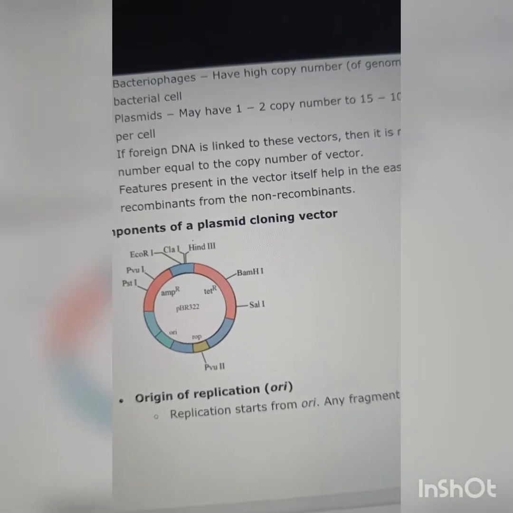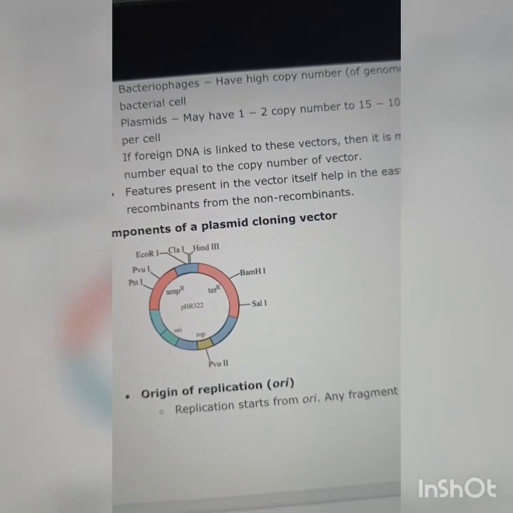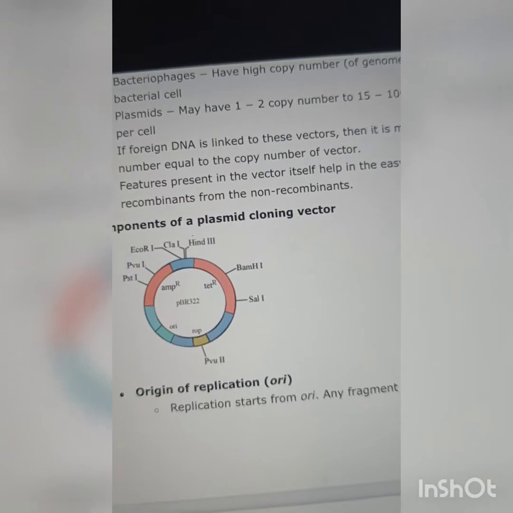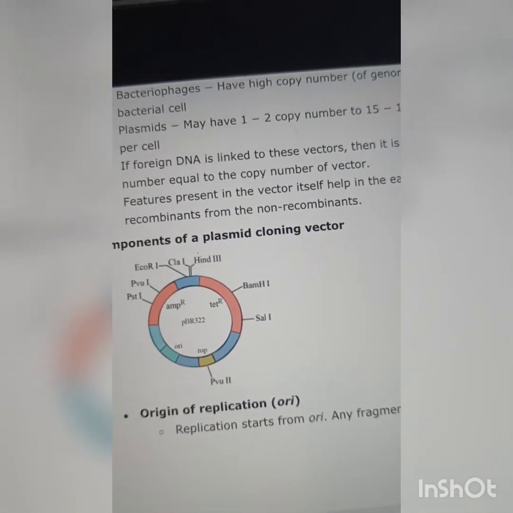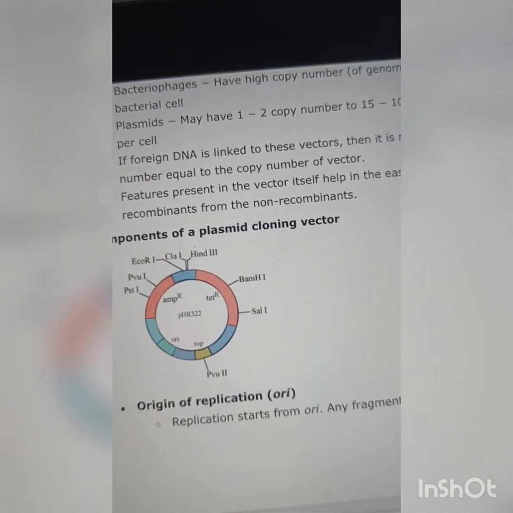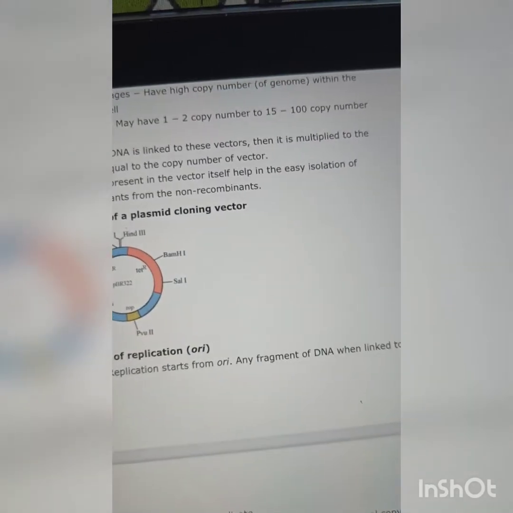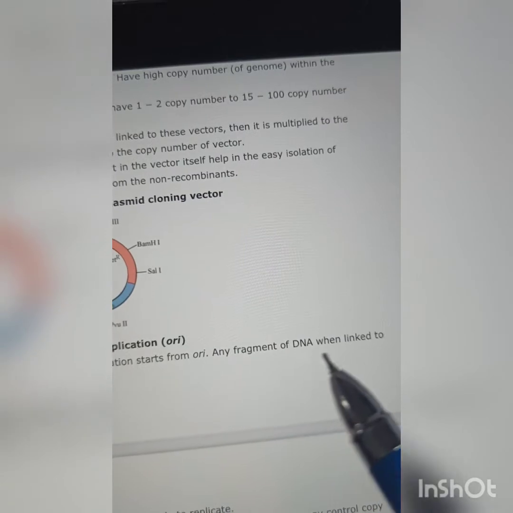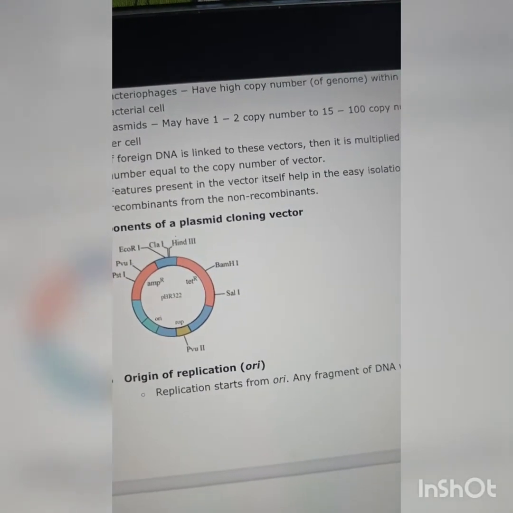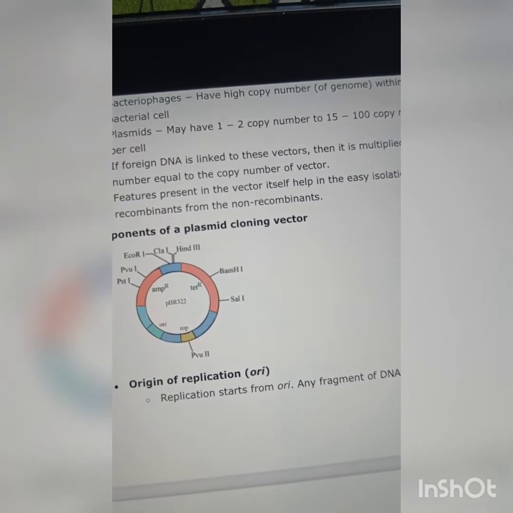So anything which is acting as a vector, or anything which is replicating, will have the ORI. Replication will always start from the ORI, and any fragment of DNA when linked to this ORI can be made to replicate. So this is one very important thing regarding the PBR322 vector.